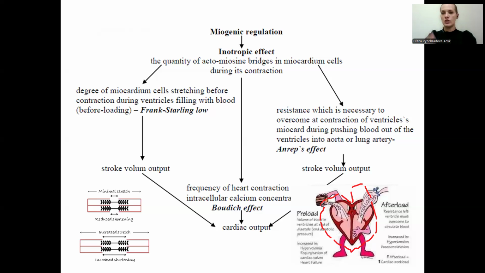Frank-Starling law. If you get a question about the Frank-Starling law, you should know that the more stretched the muscles, the more they will contract. That is all.